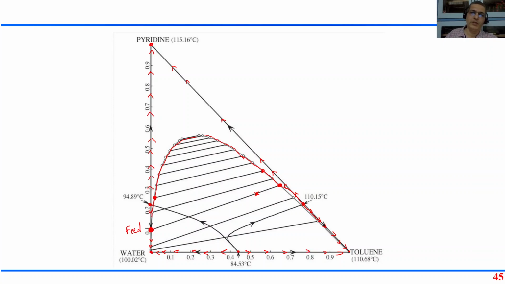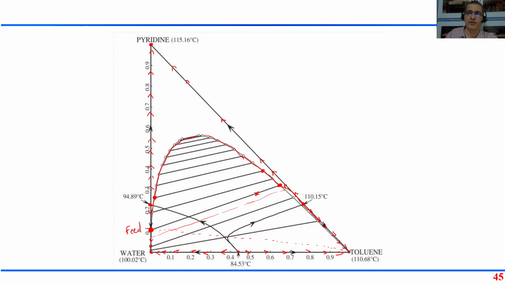Suppose I add toluene. My composition will be somewhere along this line. Suppose I add too little toluene, I would be somewhere here. It will split into two phases because it is inside the two-phase region. One phase I will get essentially pure pyridine and water.